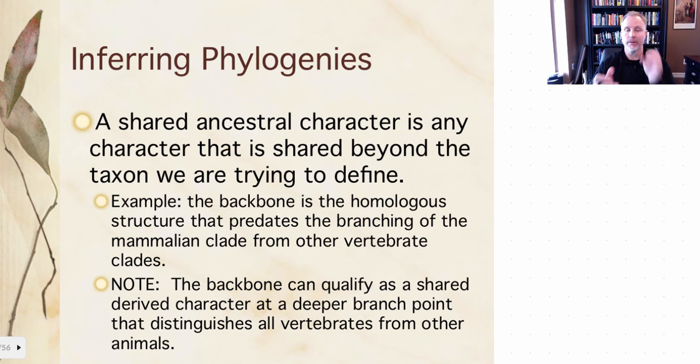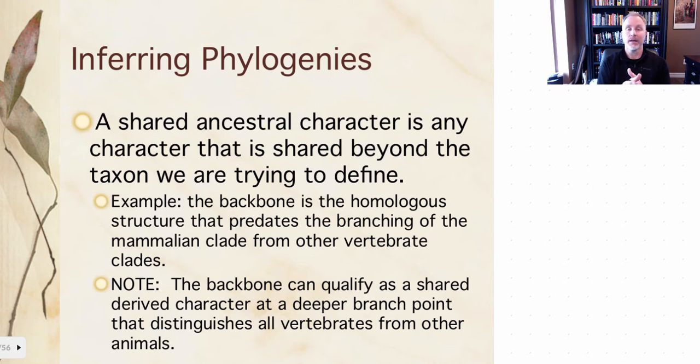Okay, and a shared ancestral character is something beyond the taxon we're trying to define. If we look at the backbone, this is a homologous structure that predates the branching of mammals from other vertebrate clades.